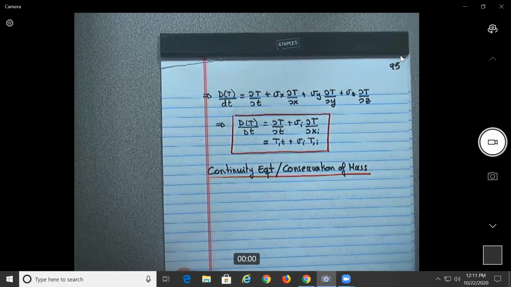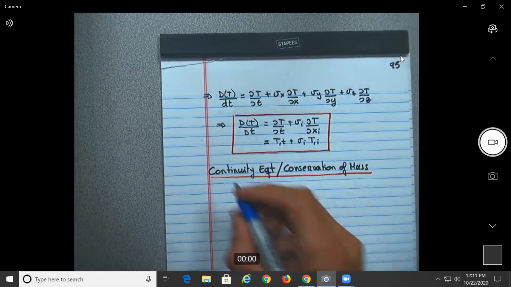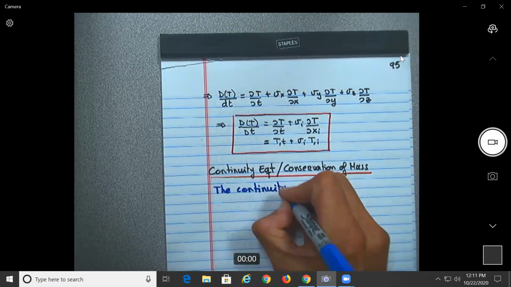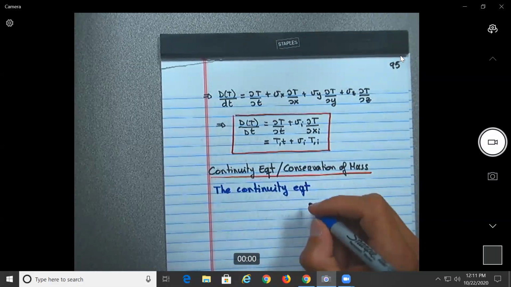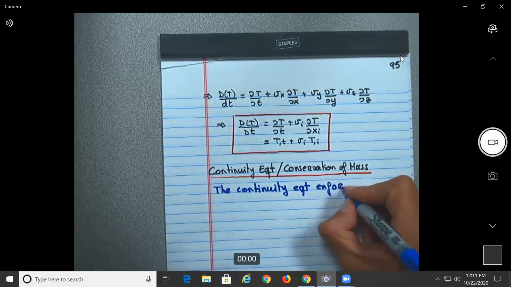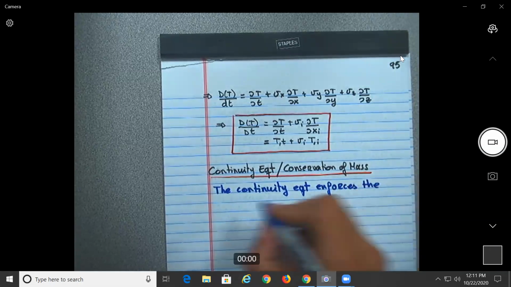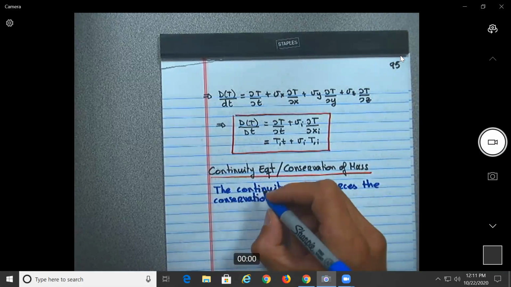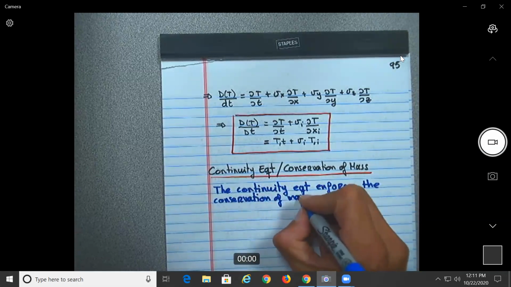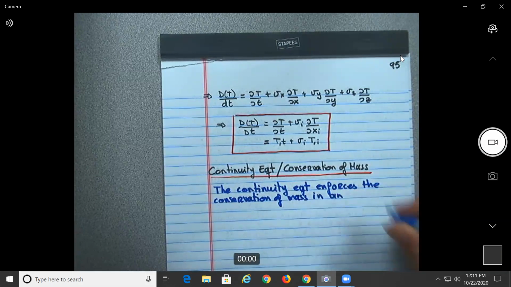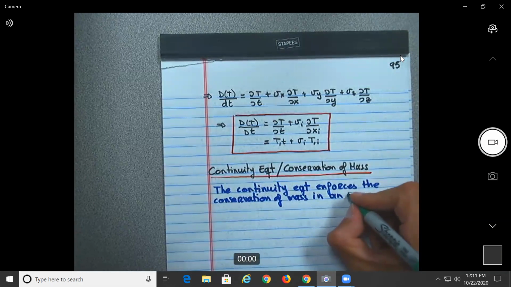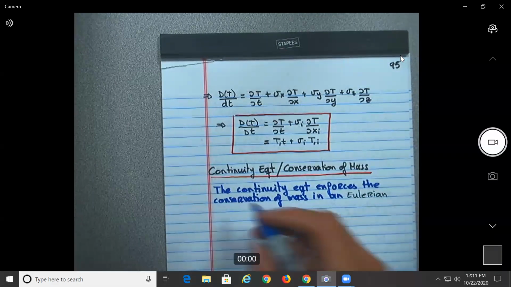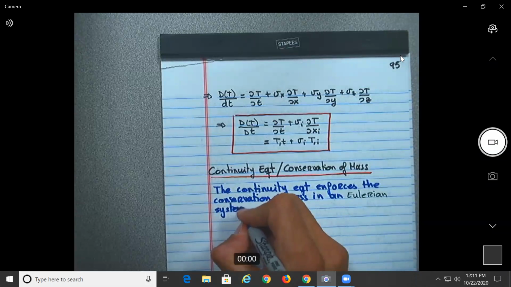So now, why is this important? It's because, and you will see why, the continuity equation enforces the conservation of mass, but this is the important part, in an Eulerian system.